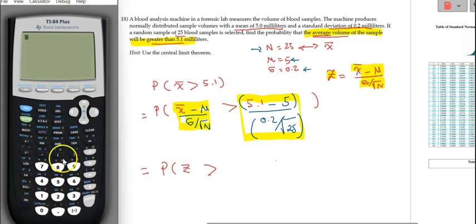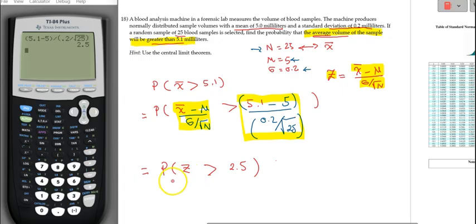Okay, so let's start with the parentheses: 5.1 minus 5, close the parentheses, and divided by, open the parentheses, 0.2 divided by square root of 25. Exit the radical sign, close the parentheses and enter. Okay, so I get 2.5. Perfect.